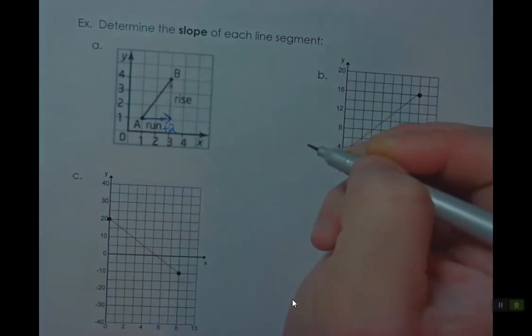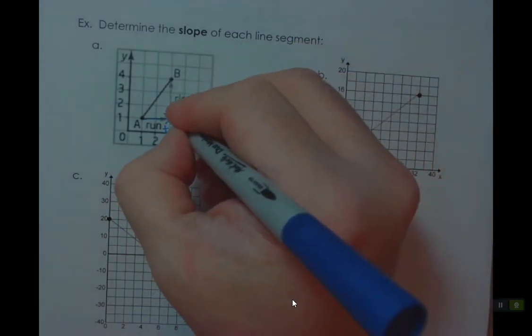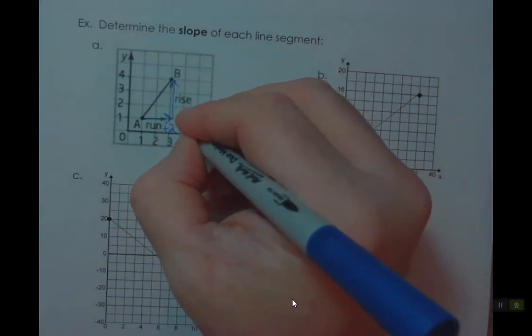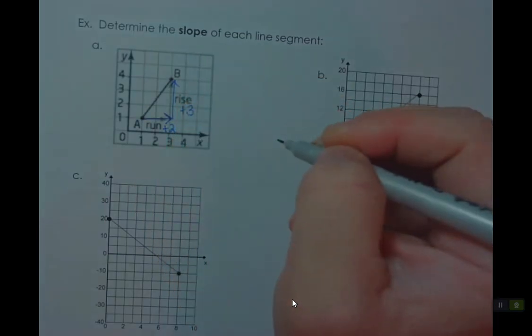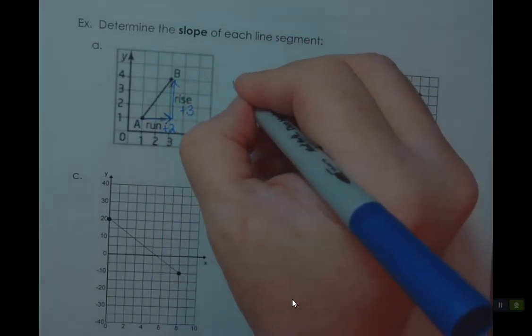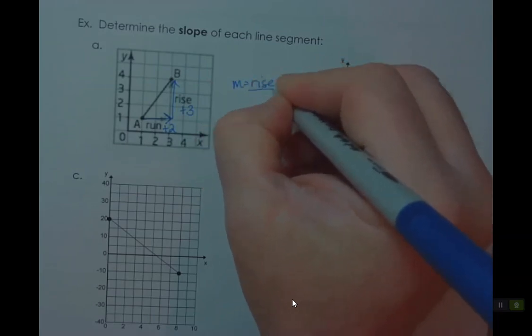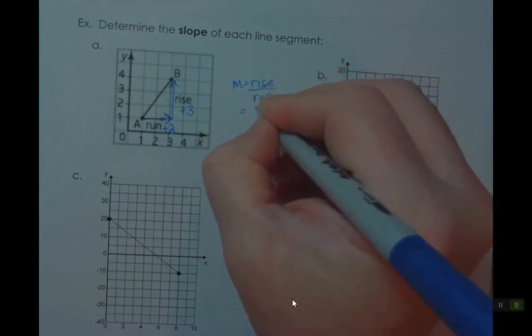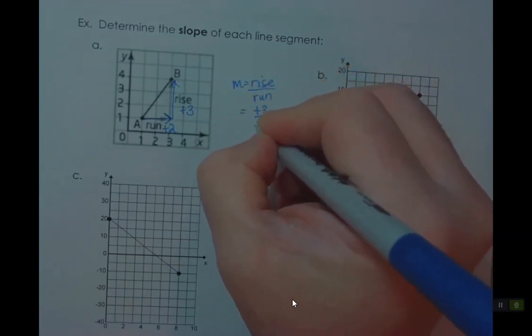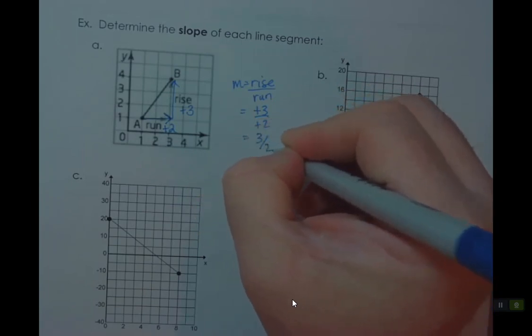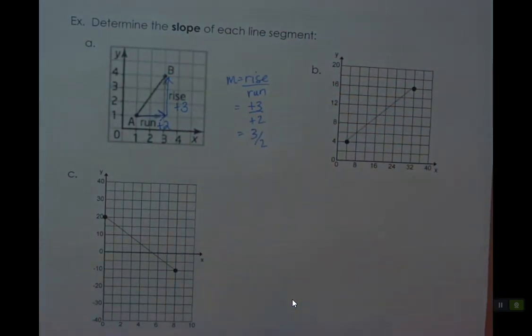So I went 2 units to the right, and here I went up 3 units. So my slope here is rise over run equals positive 3 over positive 2, or 3 over 2. That's pretty easy.